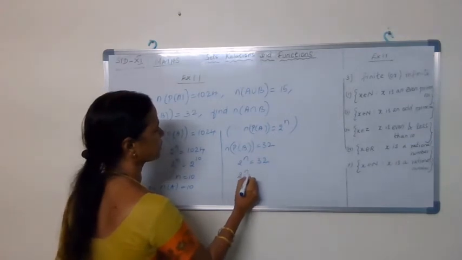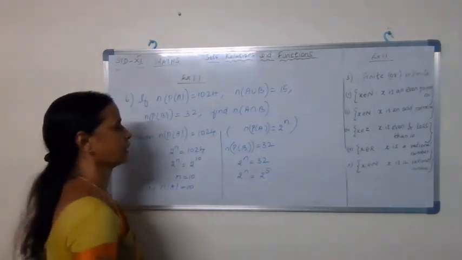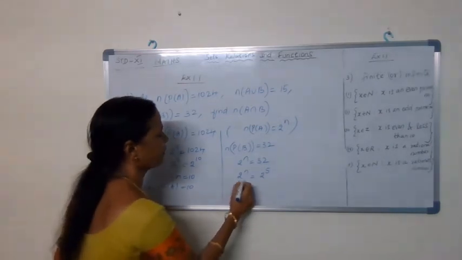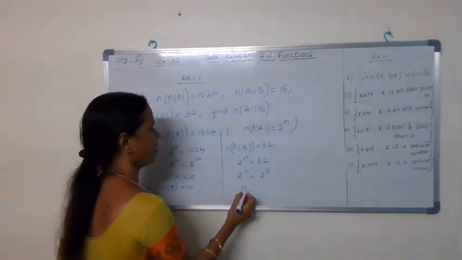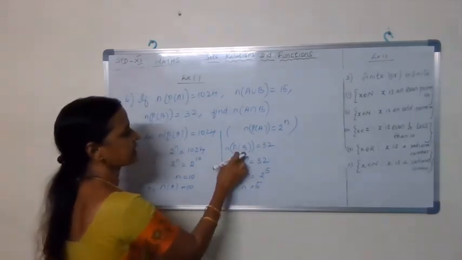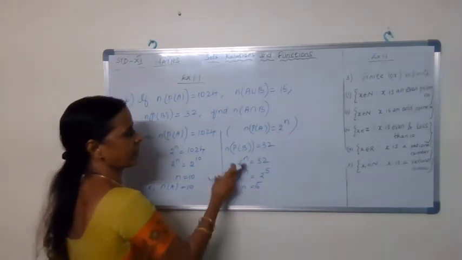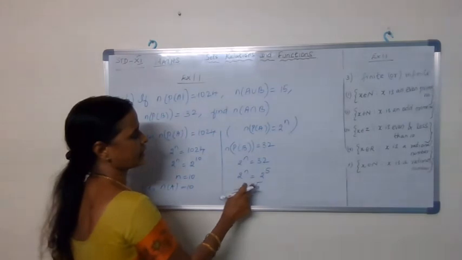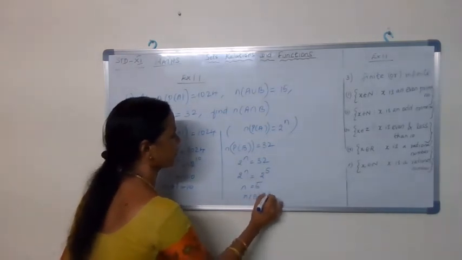Therefore, 2 power n is equal to 2 power 5. Compare: the base is the same, so equate the powers. Therefore, n equal to 5. The number of elements in the set B is 5. Therefore, n of B is equal to 5.